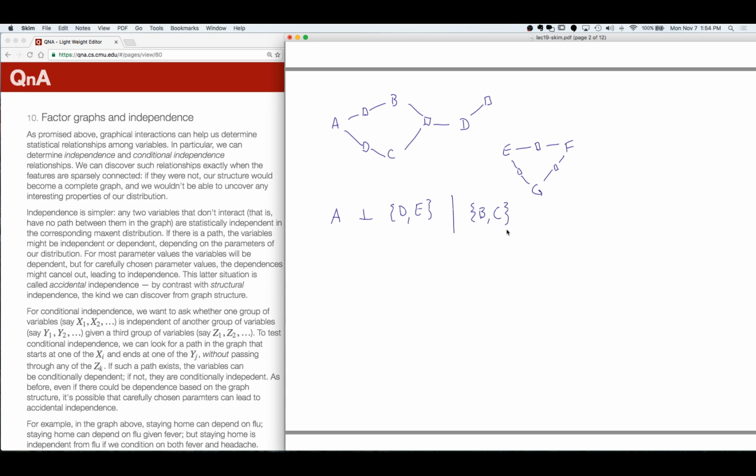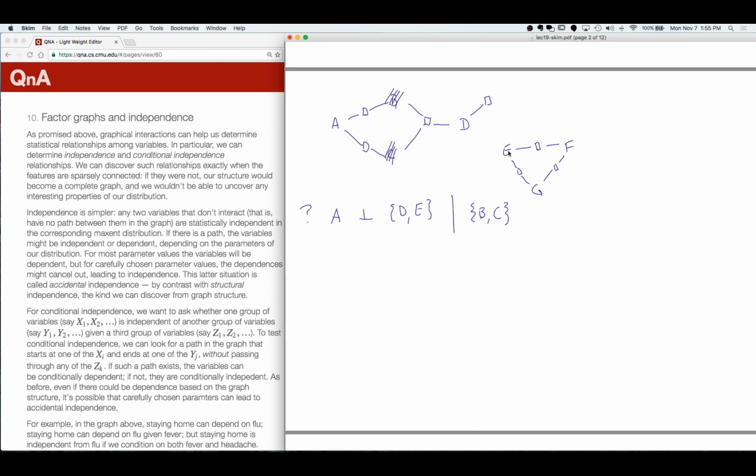So that's an example of the sort of question we could ask about our graph. And what we can do to determine this is that we can again look for paths in the graph. So the variables that we're conditioning on, we can shade them like that. And then we can look for a path from A to either D or E that avoids all of the shaded nodes.